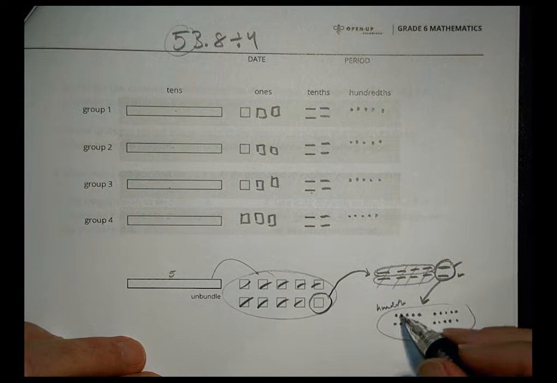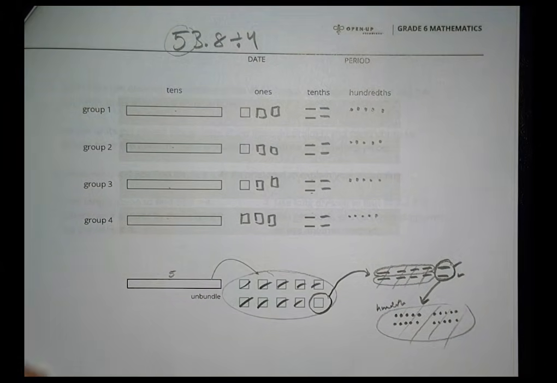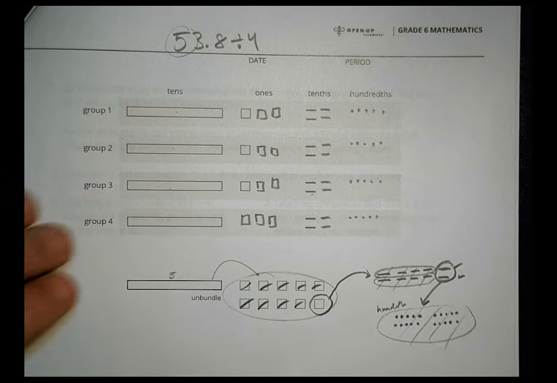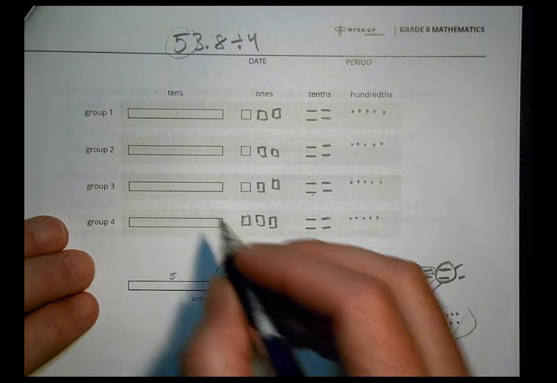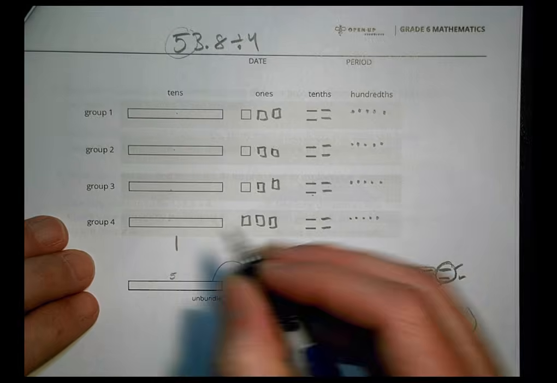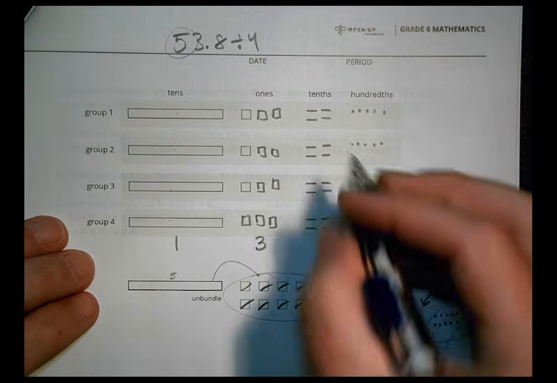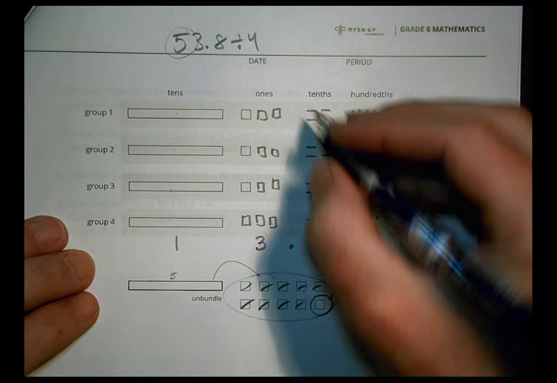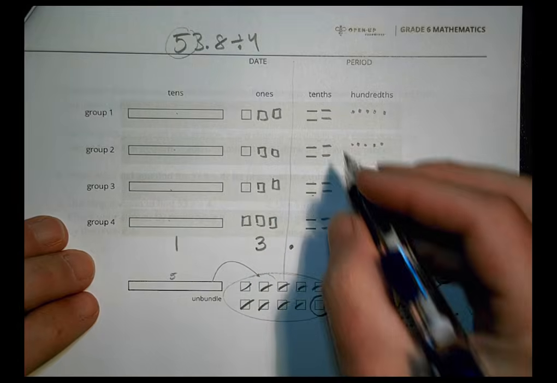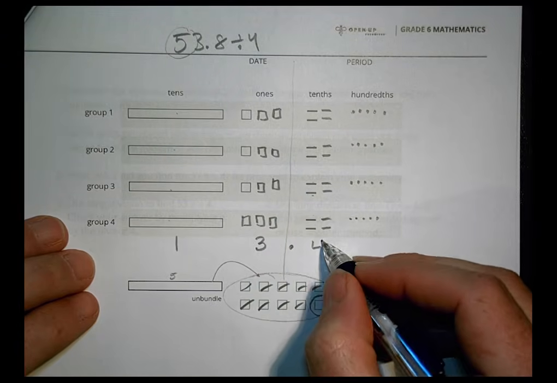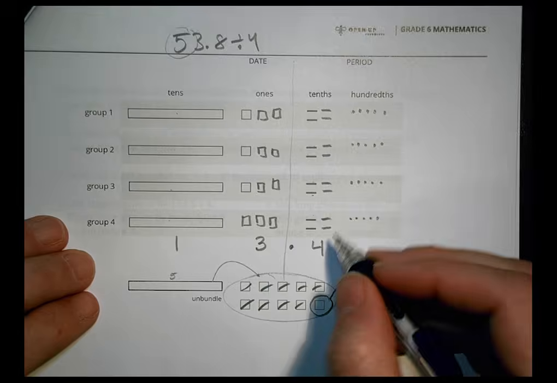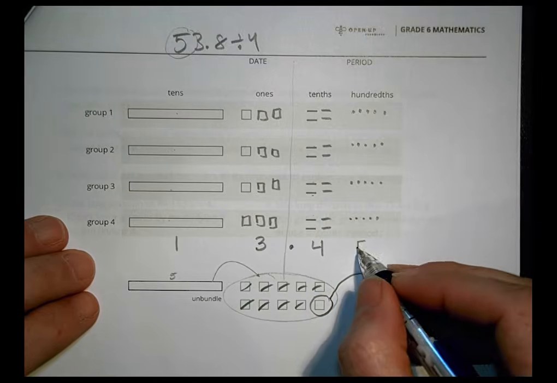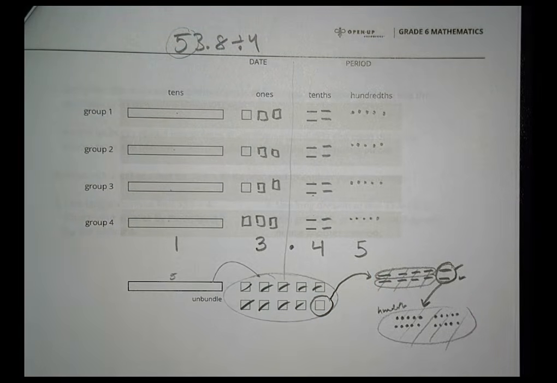So we successfully used up all of them as well. Okay, so what we can see is each group has 1 ten, they have 3 ones. Now this is our decimal place here, that's our dividing line there. They have 4 tenths, and they all have 5 hundredths. That's what we can see so far.